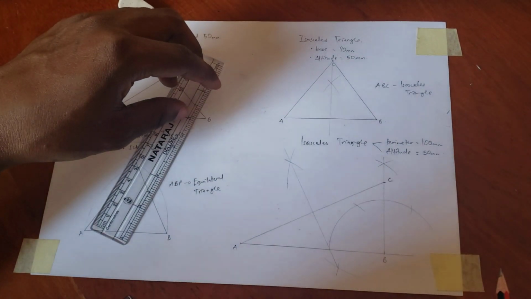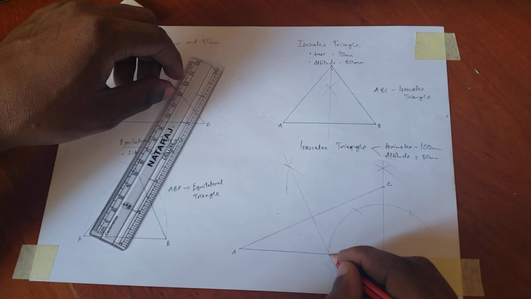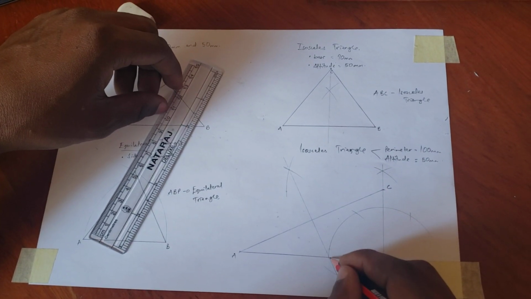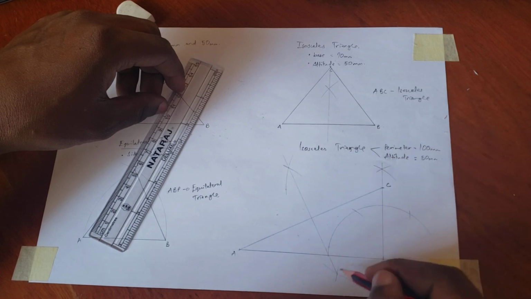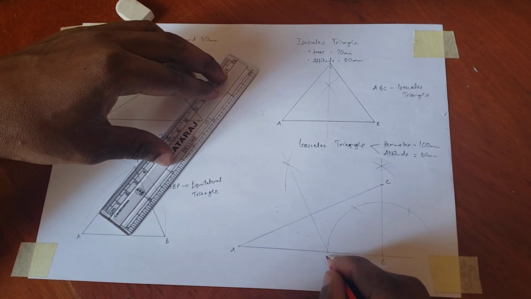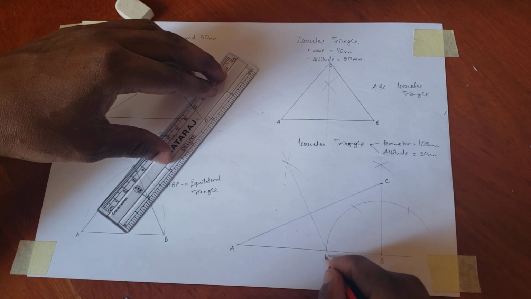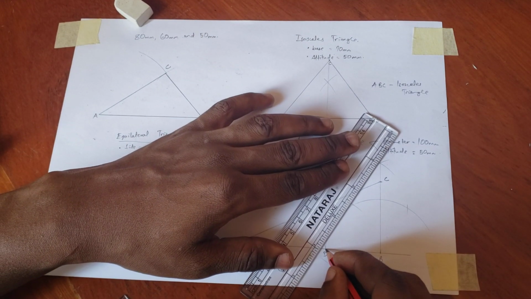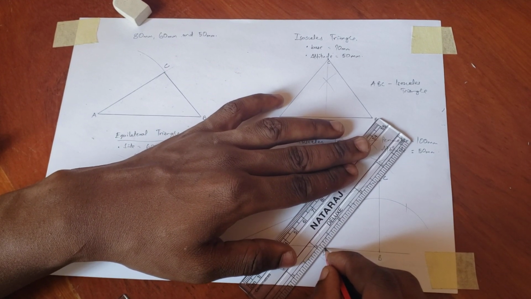Thereafter, that is the point of intersection of this bisect point, we name it as point D, where we connect it to point C.